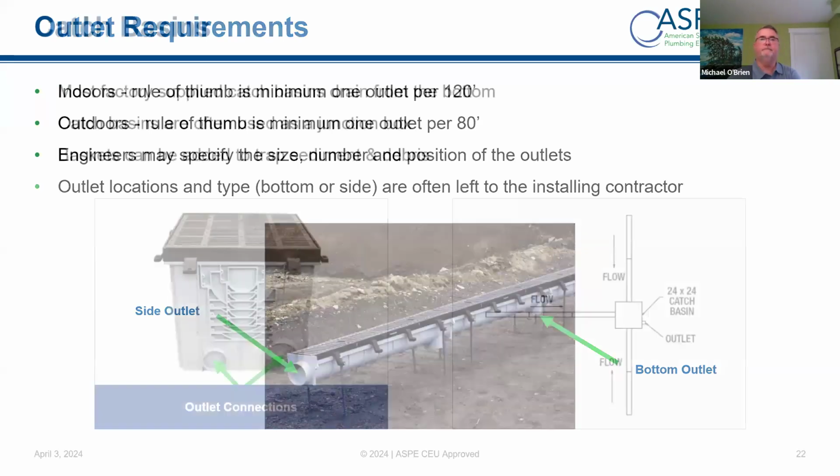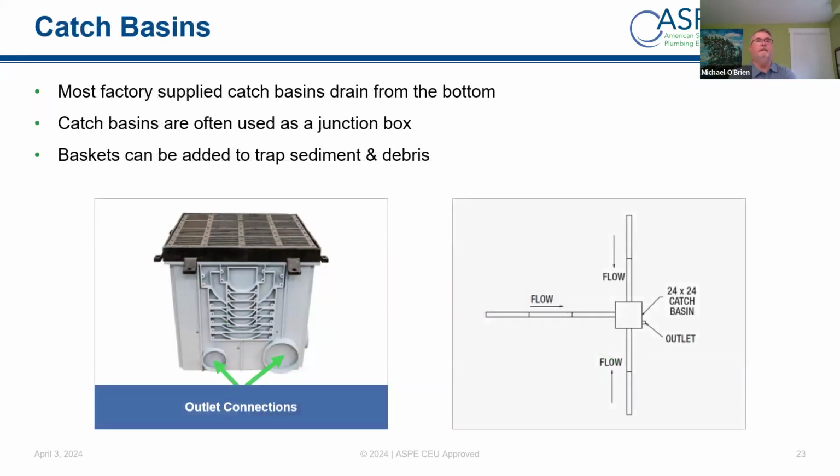So there we go. Most of them are drained from the bottom, but a catch basin is a way of containing that water and getting it off the floor. And it's also used as a junction box quite commonly too, where you have multiple runs of trench drain all coming into one outlet box.